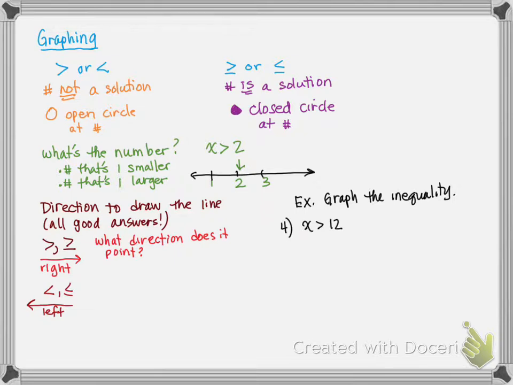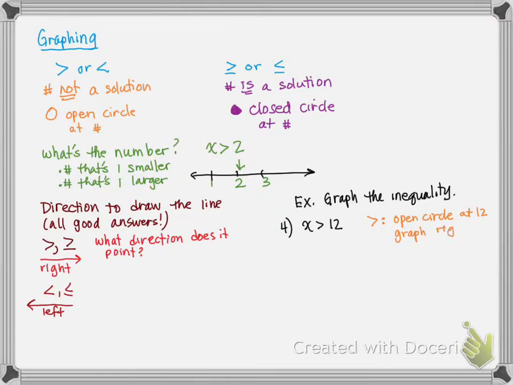So I'm going to look at that inequality symbol and ask myself some questions. Is that going to be an open or closed circle? According to what we wrote, greater than or less than are open circles. And that's going to be at the 12, okay? And then what direction am I graphing? You're going to graph right.